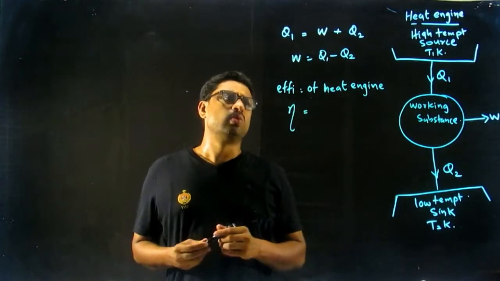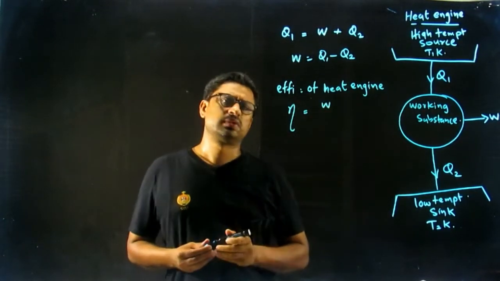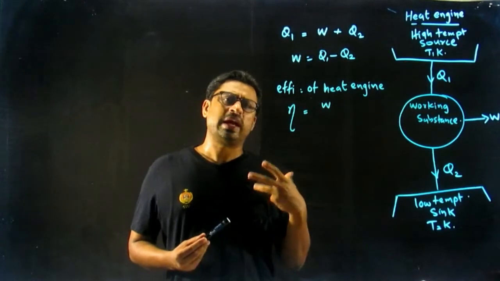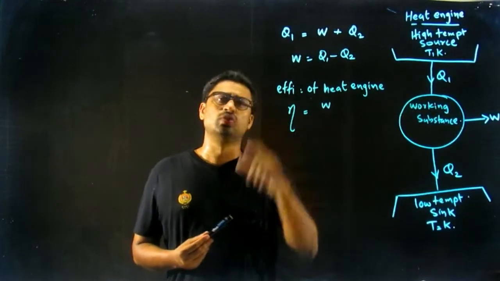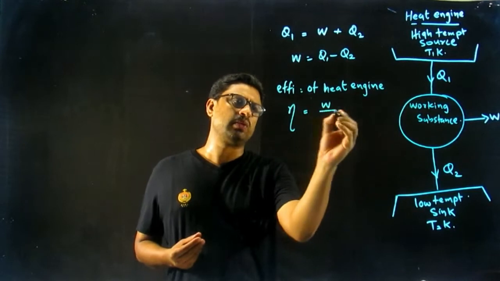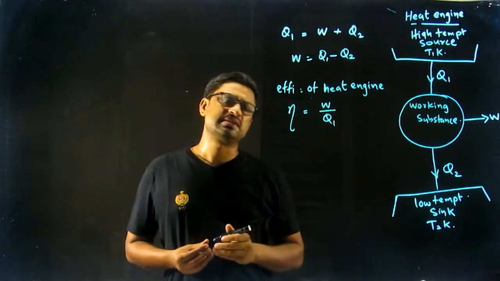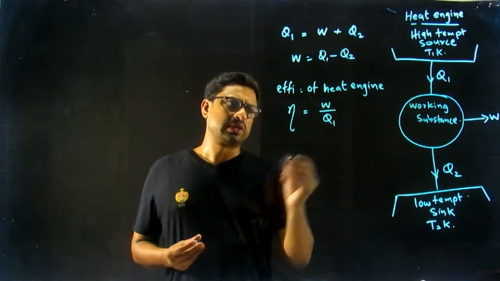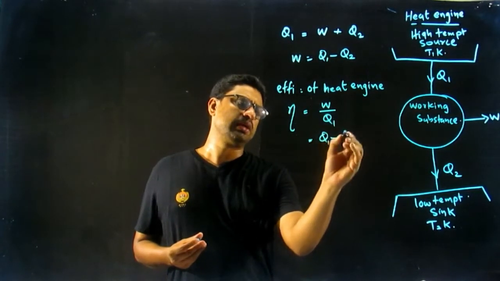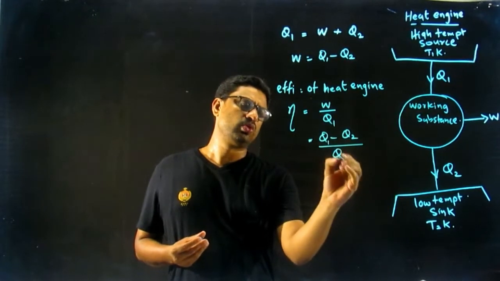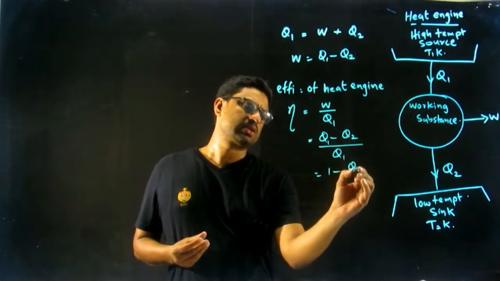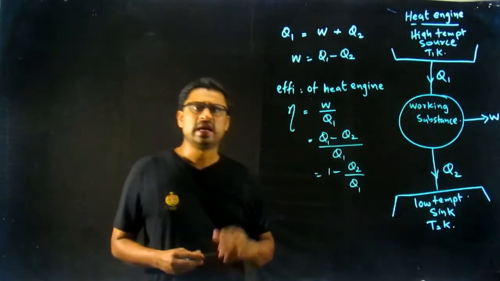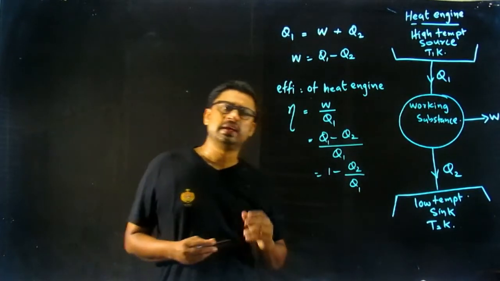What we got is the work here, our advantage is work. And our expenditure for it is heat Q1. So the advantage divided by our expenditure is the efficiency. W by Q1, so it can be written as Q1 minus Q2 by Q1, or equal to 1 minus Q2 by Q1. This is the equation for the efficiency offered by the heat engine.